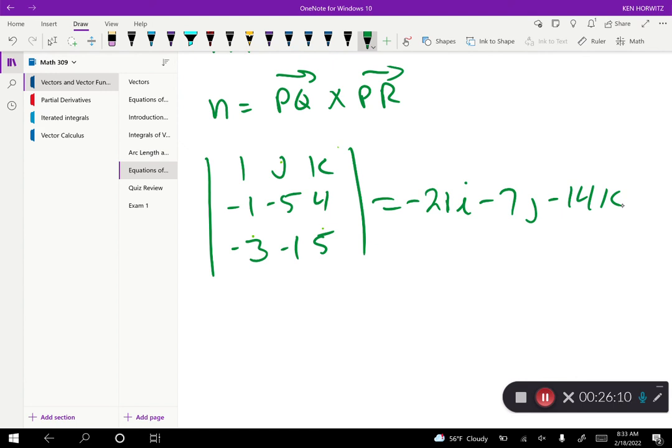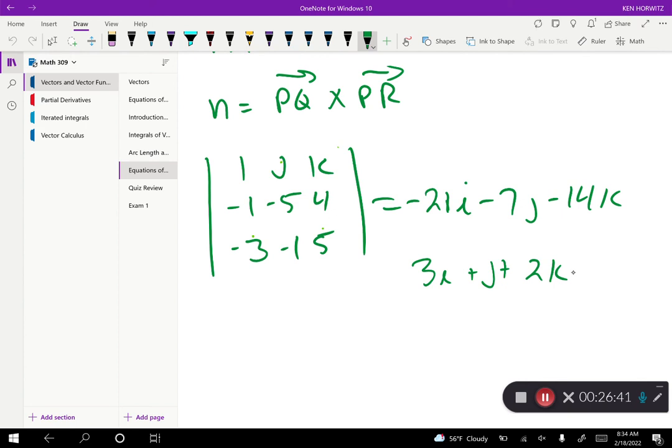But what we can do is there is a common factor of 7 here, right? So we can factor that out to the side, or divide everything by 7, or -7. And I wind up with 3i plus j plus 2k, which again is a parallel vector, but still normal to our plane. We have smaller numbers.